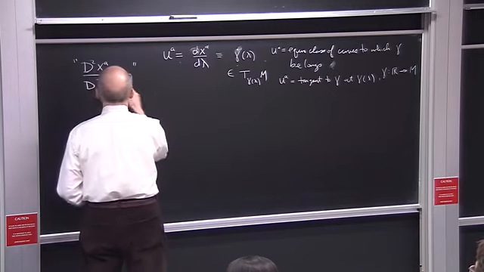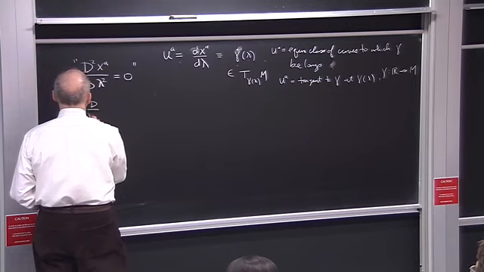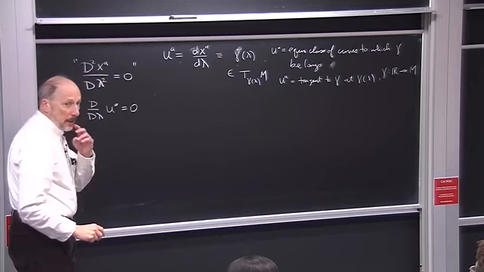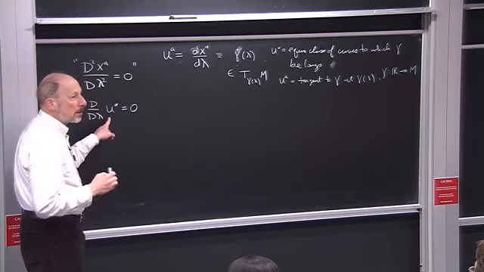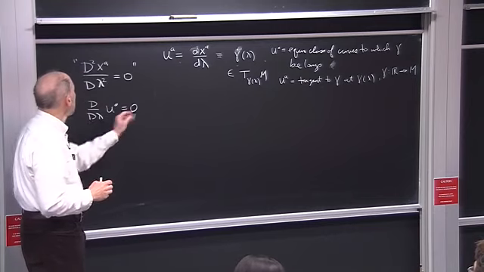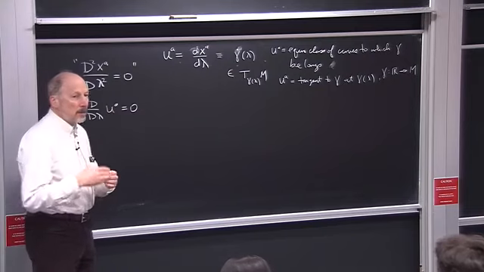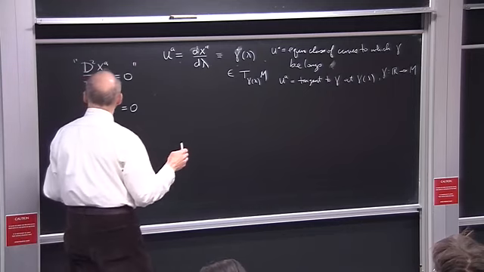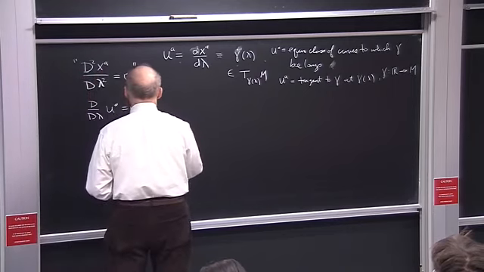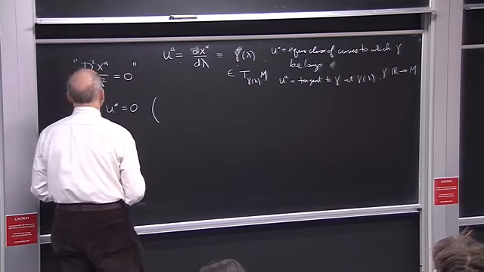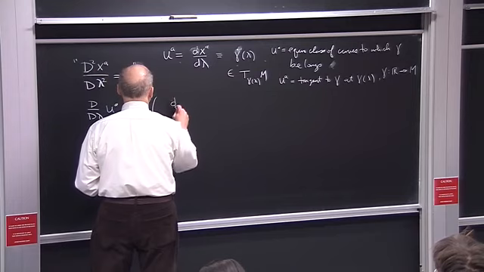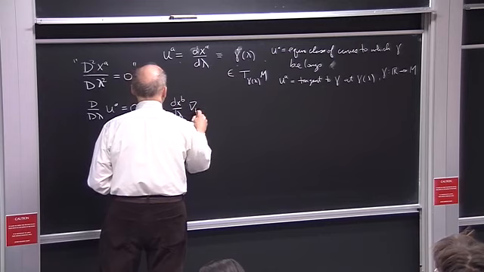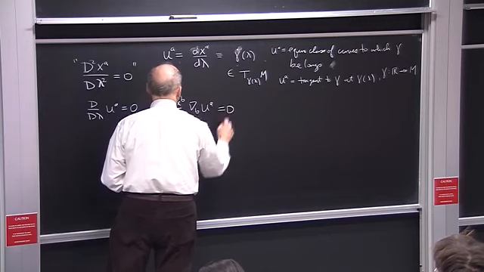With that notation, then by this I really meant D/dλ of u^a equals 0. In other words, the tangent vector to the curve is parallel transported along the curve. It's parallel transported because the right-hand side is 0. So its rate of change as measured by parallel transport is 0. And then remember that we said we had another way of writing this, which was dx^b/dλ ∇_b u^a equals 0.